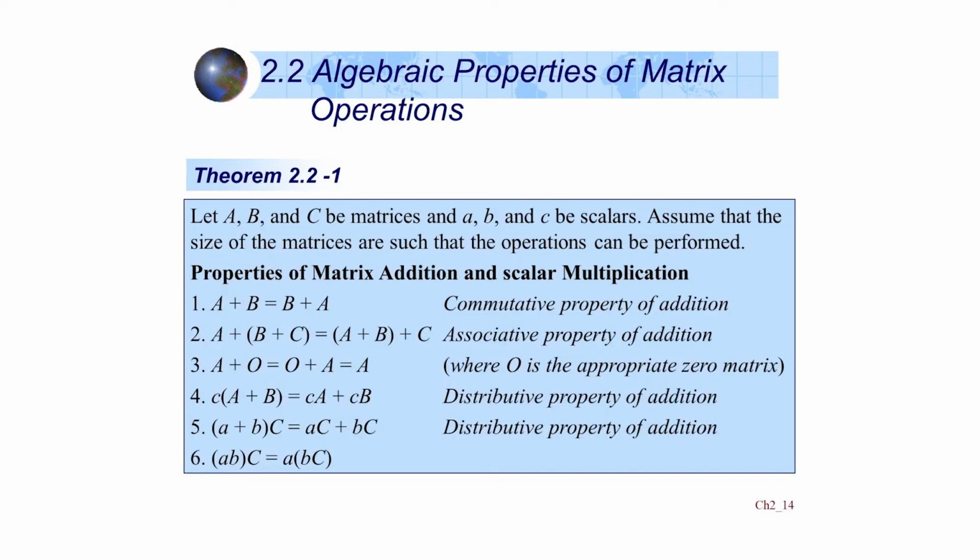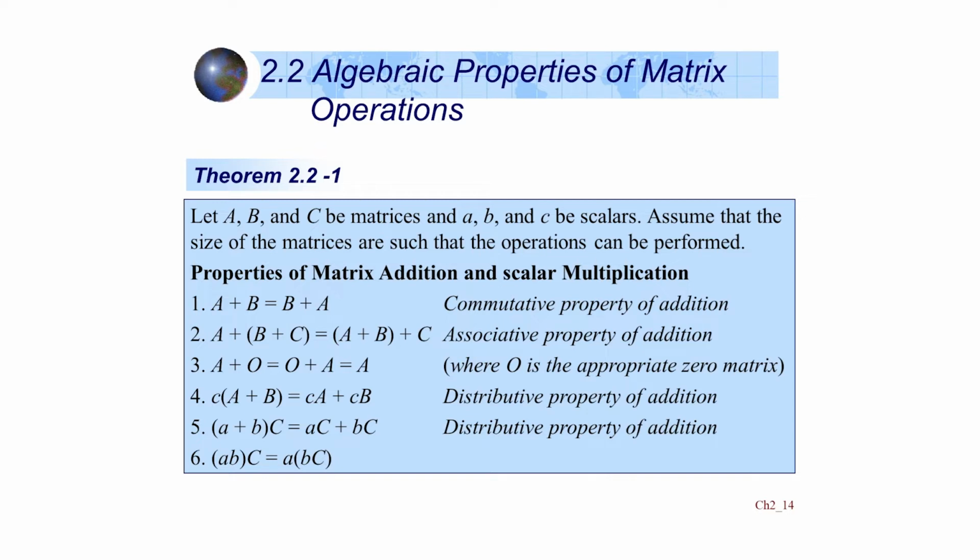This is also important. Property 6 does not have a special name, but it is important because we consider matrices as objects of one kind, and numbers as objects of another kind.